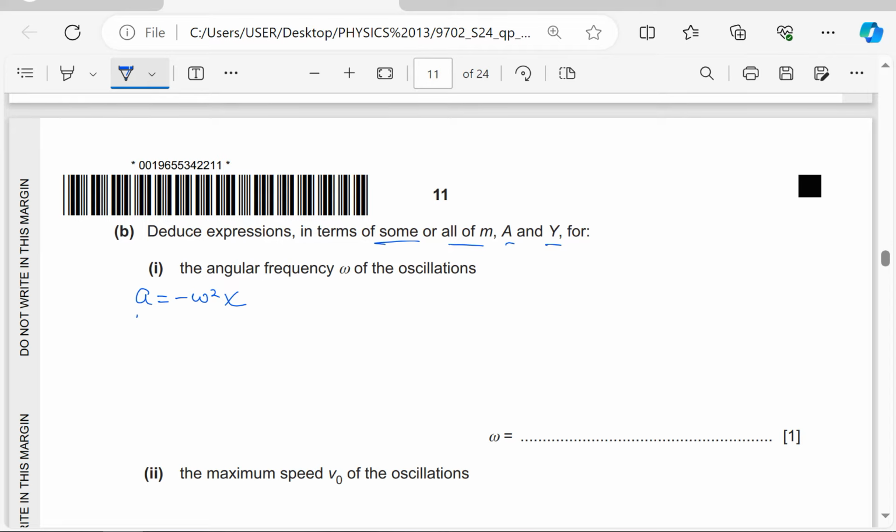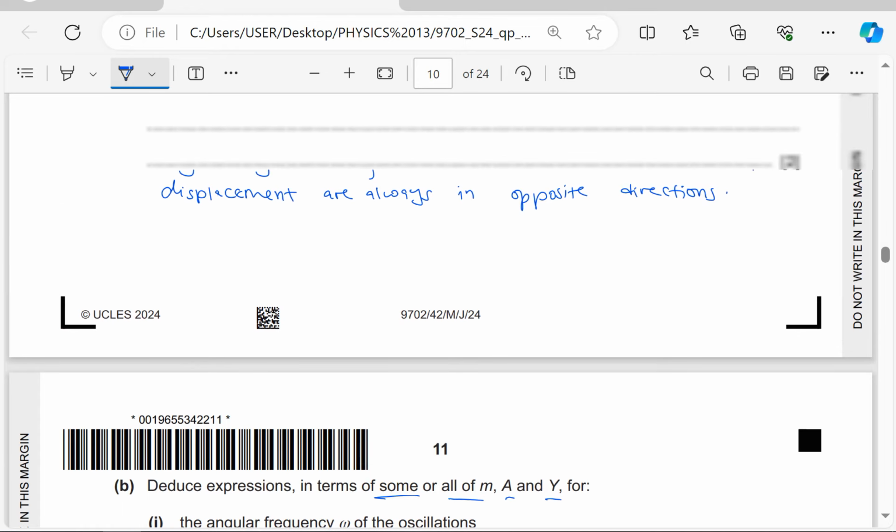If I compare with y equals mx plus c, the gradient is going to be negative omega squared. But note that the gradient itself is negative. So I will say negative omega squared is equal to the gradient, so let me find it.